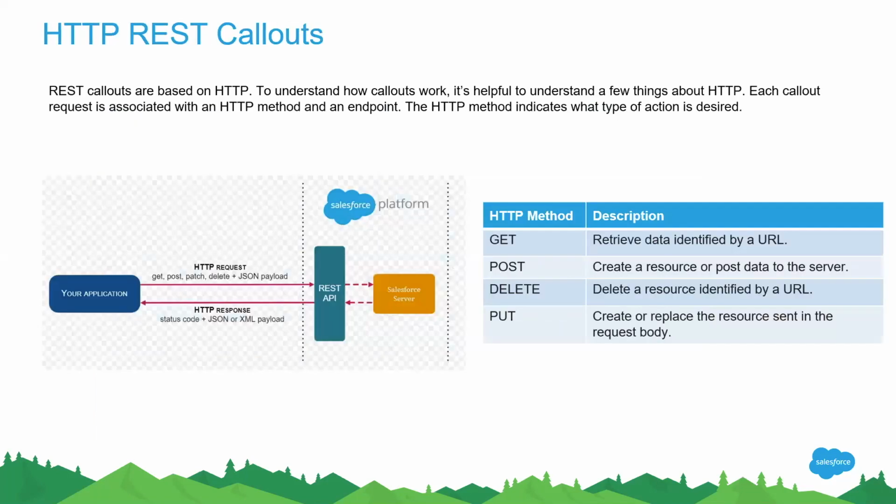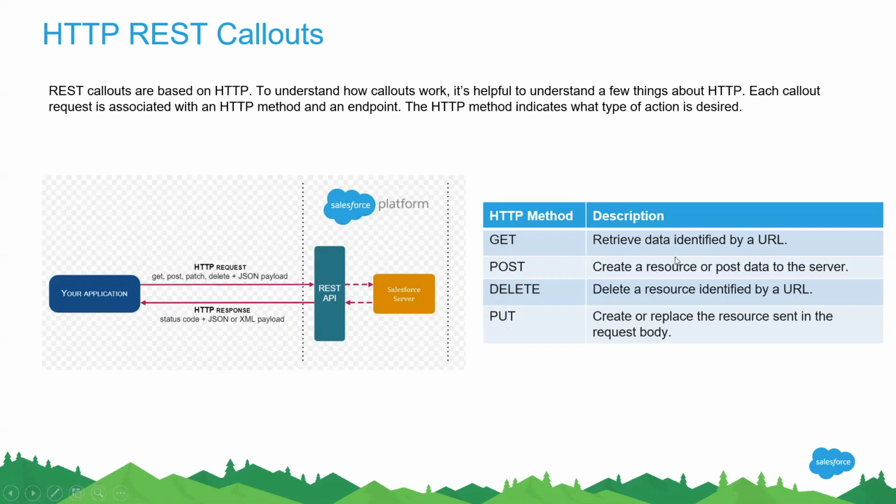Next, I wanted to show a small picture. Let us say you have a third party application, imagine this is Java or .NET, whatever it is, and you have your Salesforce server, your instance. You're trying to communicate using the REST API protocol. There are four different HTTP methods: get, post, delete, put.